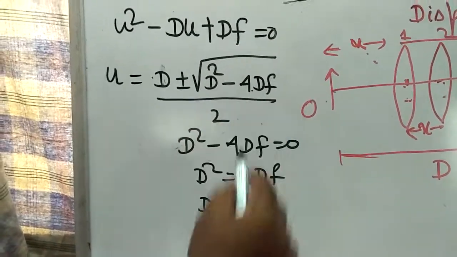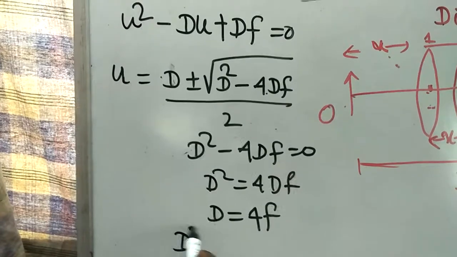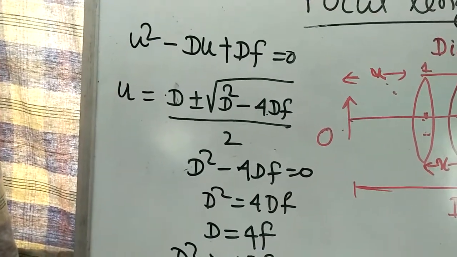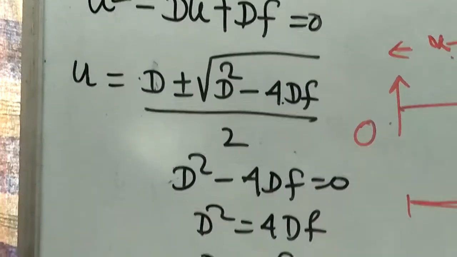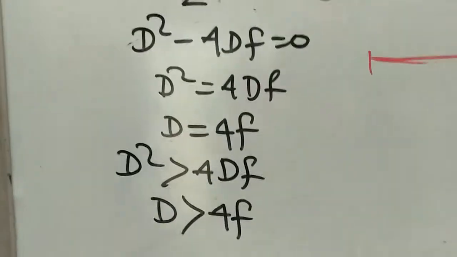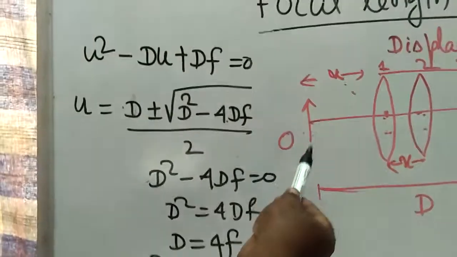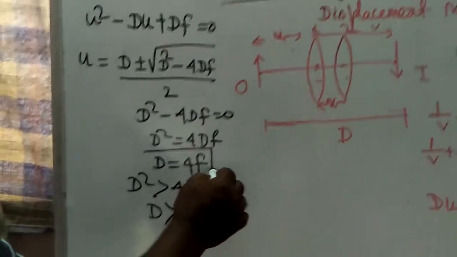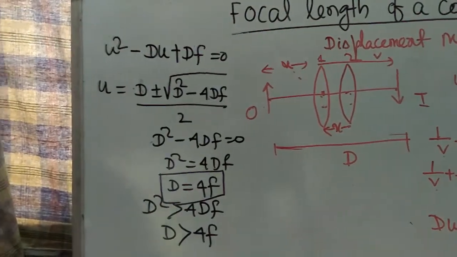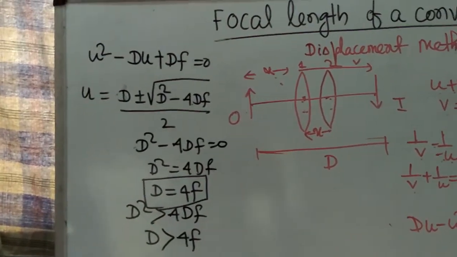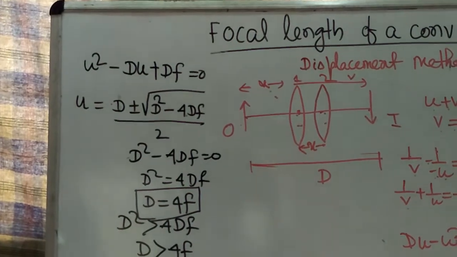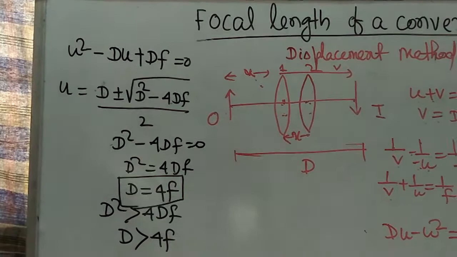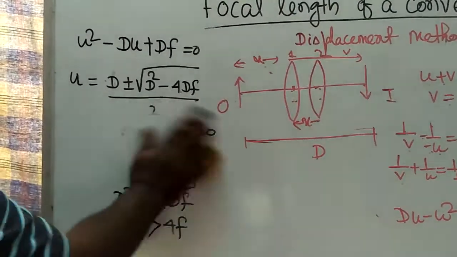When D² is greater than 4Df, that means D is greater than 4f, then we will get two positions of the lens for which we will get the image. The minimum distance between the object and the screen, which sometimes comes in entrance examinations, should be 4f, then we will get a real image.